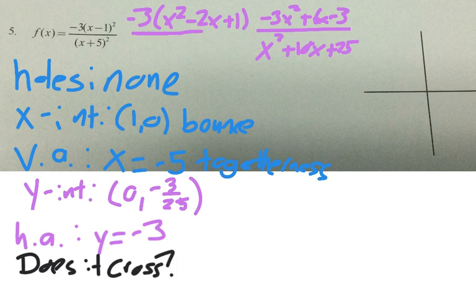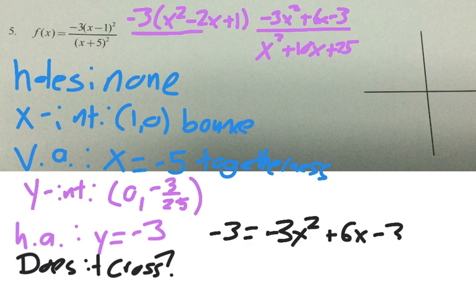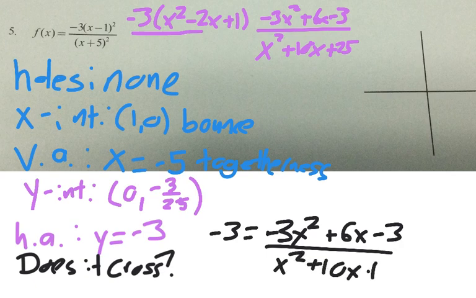And so I'm going to plug in -3 for y, and I'm going to use the standard form, -3x squared plus 6x minus 3 over x squared plus 10x plus 25, over 1.